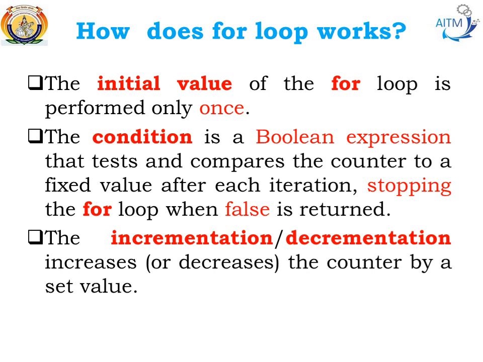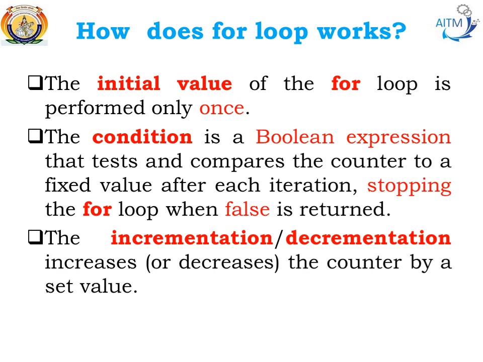The condition is a Boolean expression that tests and compares the counter to a fixed value after each iteration, stopping the for loop when false is written. And the third part, we have the incrementation or the decrementation, that is the increase or decrease the counter by a set value.